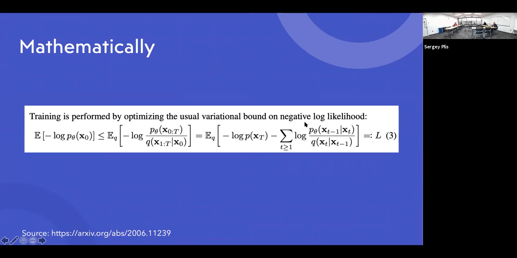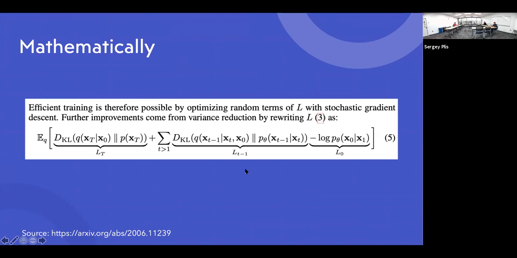Because if you look at this, you can see that it's P theta divided by Q of X, and this is a KL divergence. You can write this in terms of KL divergences. Your sum is an expectation over P, yes, exactly. And that's why you can create KL divergences. That's also what they do.